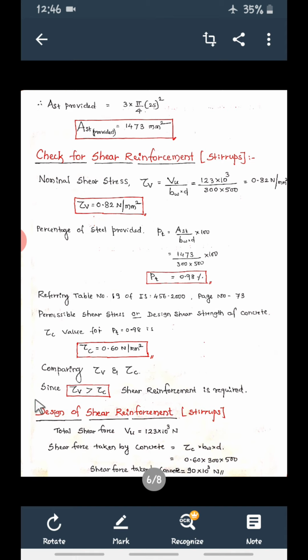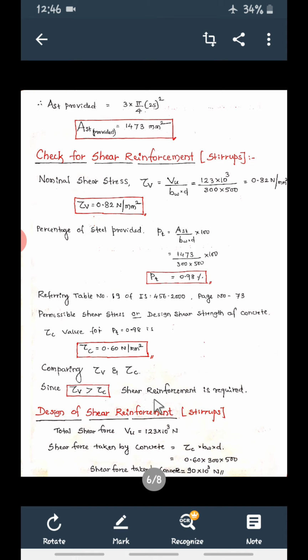Now compare tau V and tau C. Nominal shear stress is 0.82, but the maximum shear stress taken by the concrete is 0.60. Since tau V is greater than tau C, shear reinforcement is required.